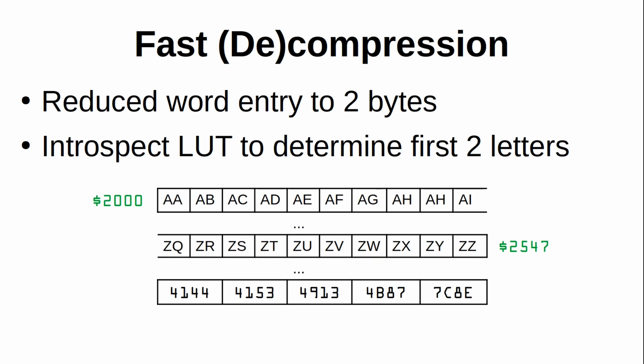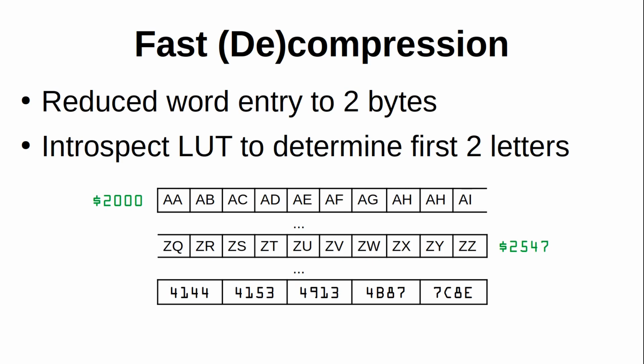So the lookup table starts at the beginning of that second segment of the ROM at hex 2000. Of course, the lookup table is in alphabetical order, going by the first letter and then the second letter. So AA, AB, AC, and so on until you get all the way down to ZZ. If you ever had ZZ words in your word list, there's a spot in the lookup table for it.